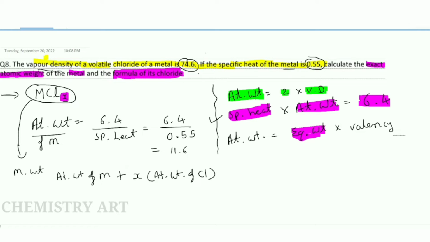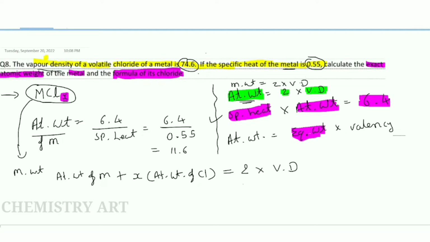And the molecular weight is equal to 2 into vapor density. We can compare this molecular weight of MClX with 2 into vapor density.